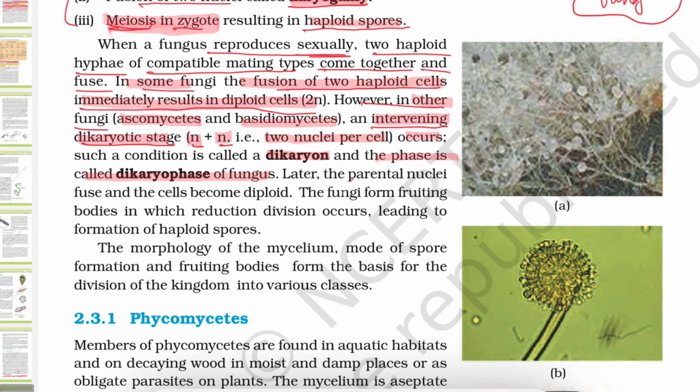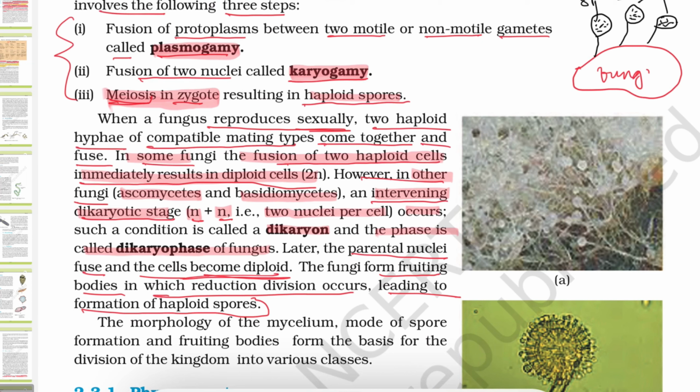Later, the parental nuclei fuse and the cells become diploid. The fungi form fruiting bodies in which reduction division occurs, leading to formation of haploid spores. Now, in these fruiting bodies reduction division occurs, meaning zygotic meiosis occurs in these fruiting bodies.